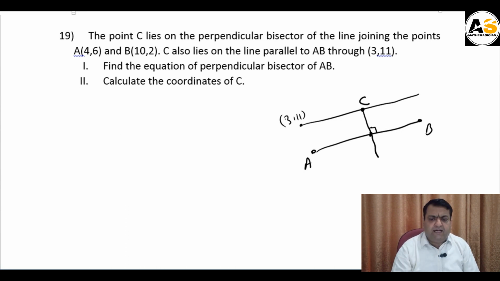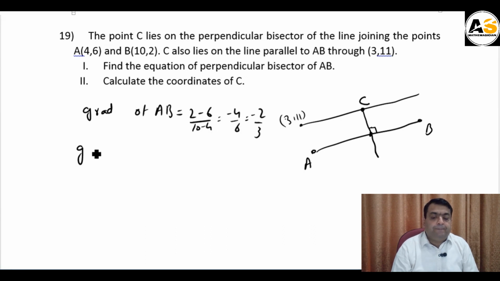What we will do for that? Gradient of AB: y2 minus y1 over x2 minus x1, minus 4 over 6, which is minus 2 over 3. Gradient of perpendicular bisector will be 3 by 2.